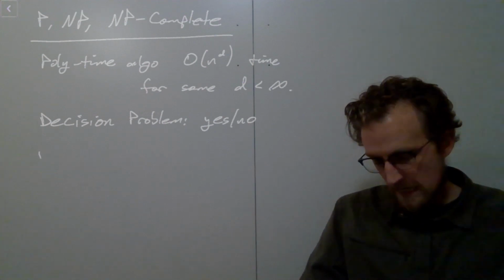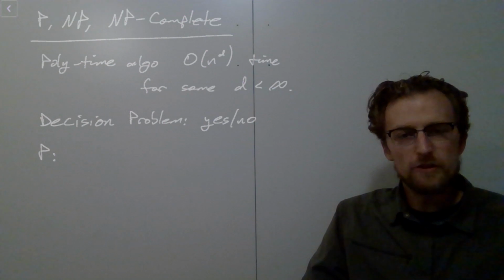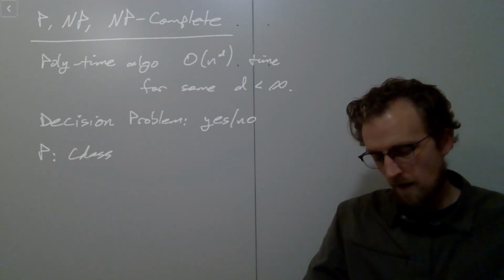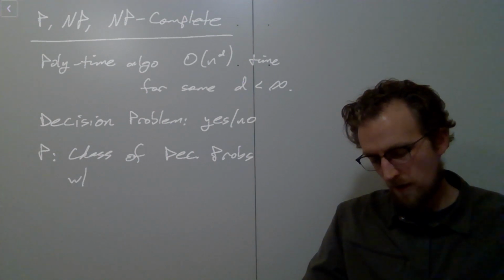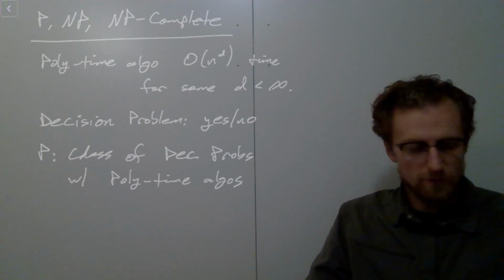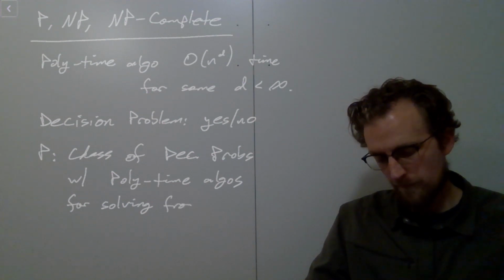Okay, and so P is the class of decision problems with polynomial time algorithms for solving them. And specifically, I'm going to make the statement for solving from scratch.